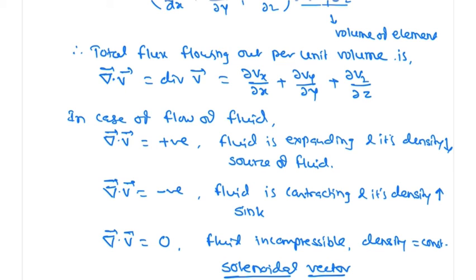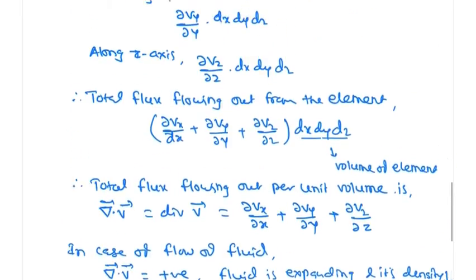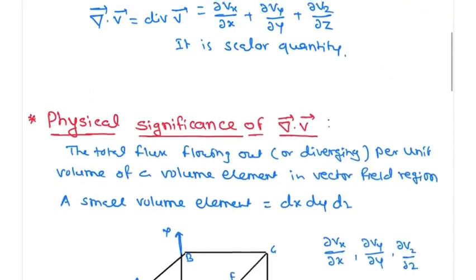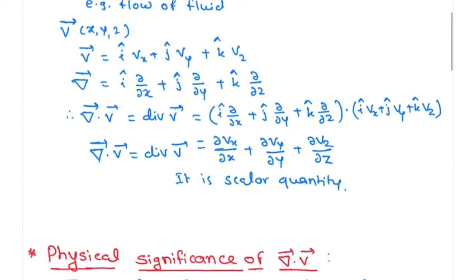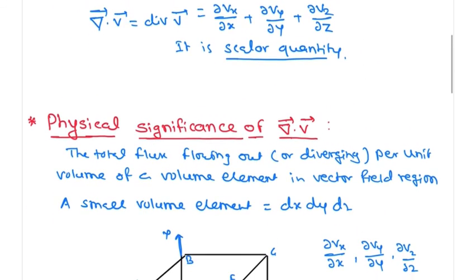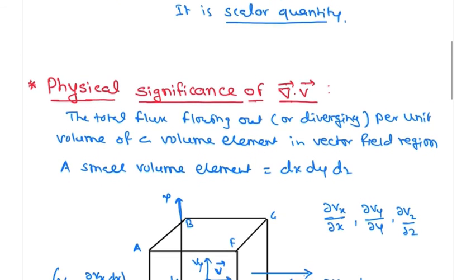Hence, we prove that the divergence of a vector field is a scalar quantity. Under physical significance, we prove that the total flux flowing out or diverging per unit volume of the volume element in the vector field region along the x, y, z axes.